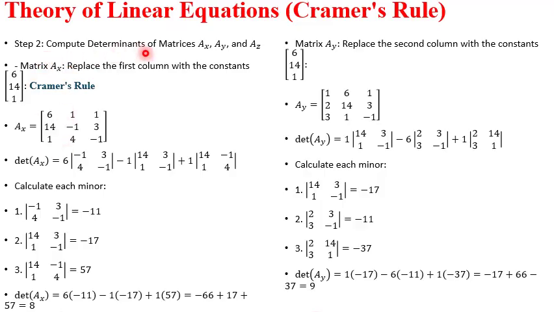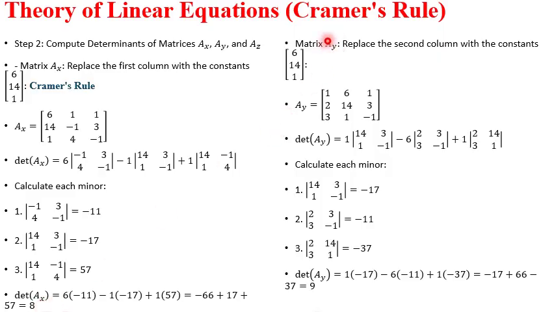Now, the next step is to compute the determinants of matrices AX, AY, and AZ. So for matrix AX, we want to replace the first column with the constant values 6, 14, and 1, and that we've done here. That is Cramer's rule. So we then find the determinant of AX, and we also play around with this AX matrix, and if done appropriately, the answer gives 8.